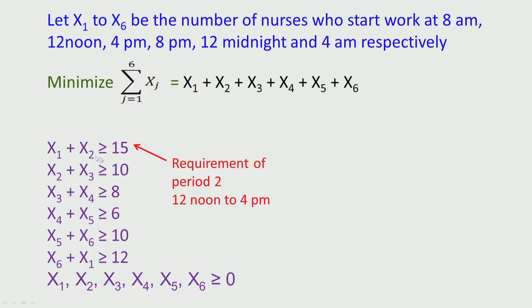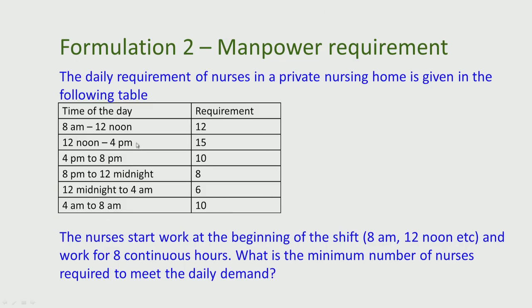Now, x1 plus x2 is the number of people who actually work in the slot 12 noon to 4 p.m. If we see 12 noon to 4 p.m., 15 people are required, but we also observe that people who start working at 8 a.m. work for 8 hours, and their 8 hours includes 12 noon to 4 p.m. People who start working at 12 noon also work for 8 consecutive hours, where 4 hours between 12 noon and 4 p.m. and another 4 hours between 4 p.m. and 8 p.m. Therefore, the people working between 12 noon and 4 p.m. are those who start working at 8 a.m. and those who start working at 12 noon.